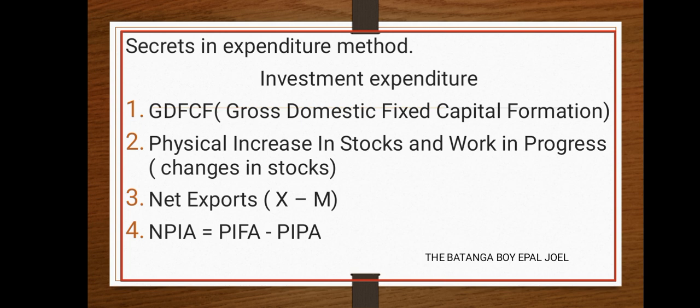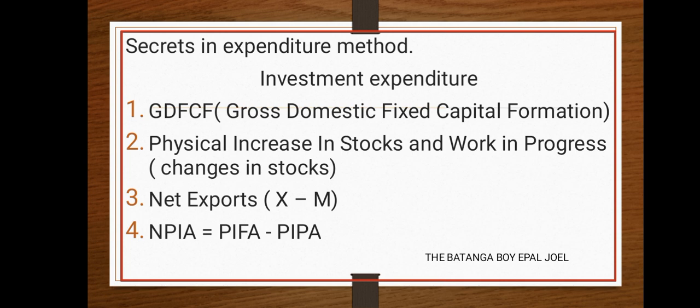Then the last thing I want to tell you is at the level of a question asking you to calculate total investment. Total investment is equal to net domestic fixed capital formation plus changes in stock plus depreciation.